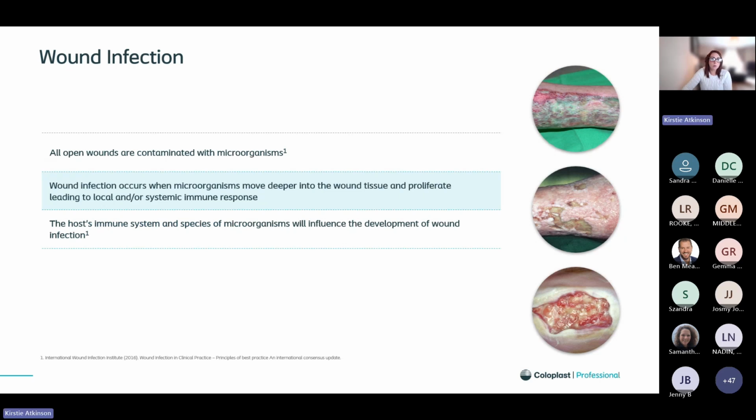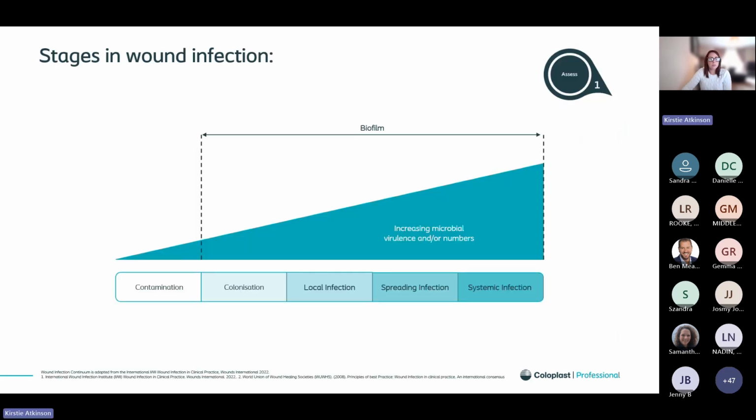So as I said, all wounds can be contaminated with microorganisms. Wound infection occurs when the microorganisms move deeper into the wound and start proliferating, breeding and branching out. Again, it's that tipping scale for our host immune system and also the types of microorganisms that have got into the wound. This is the National Institute of Wound Infections infection continuum.